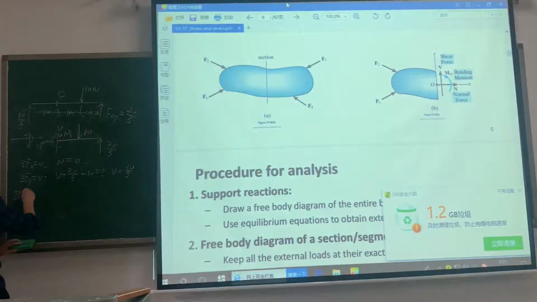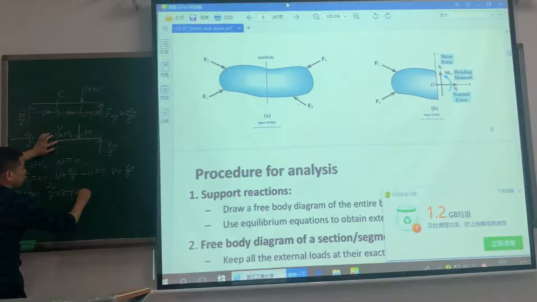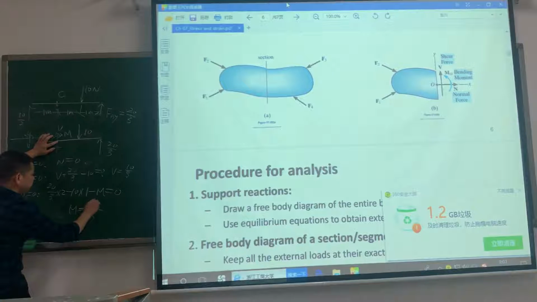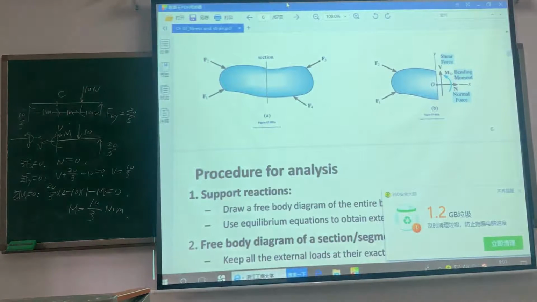Sigma MC equals 0. Plus 2 minus 10 plus 1 minus M equals 0. We can find them. Yes or no? We get the same answer.